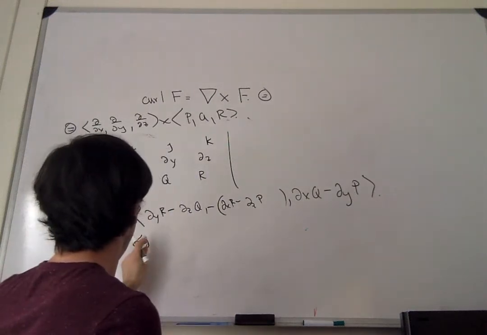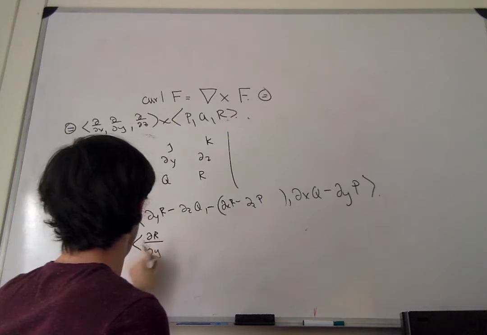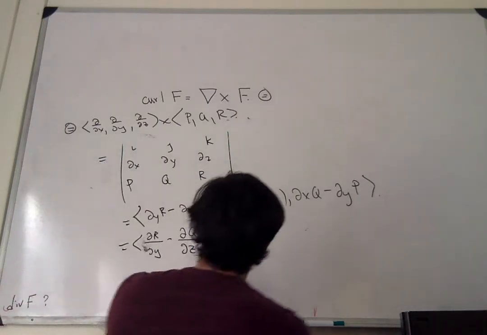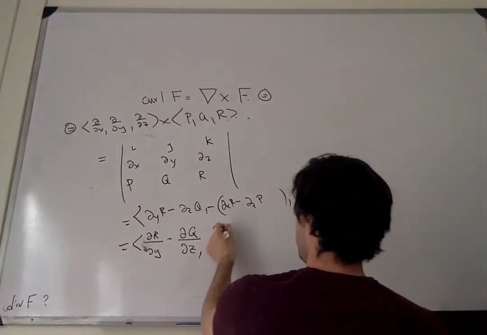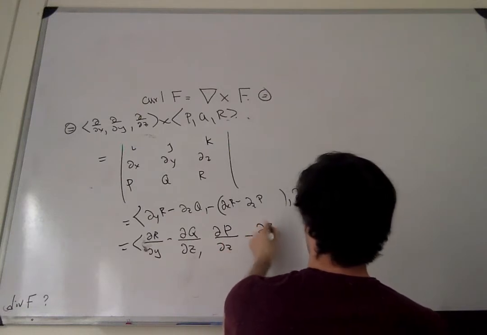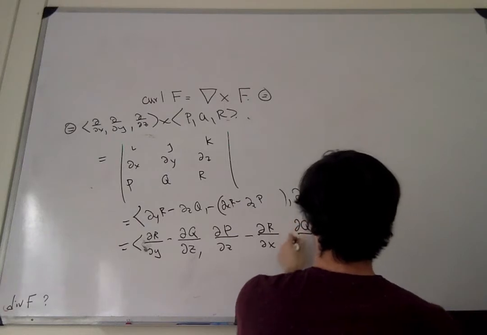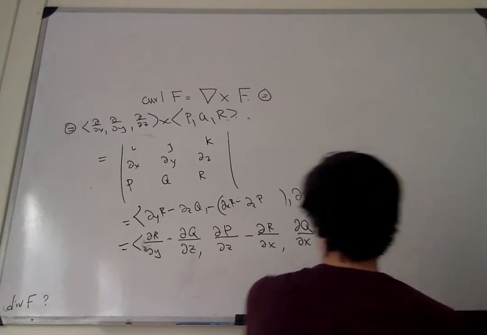We get ∂R/∂y minus ∂Q/∂z, ∂P/∂z minus ∂R/∂x, ∂Q/∂x minus ∂P/∂y.